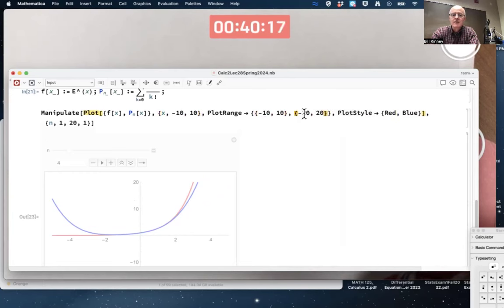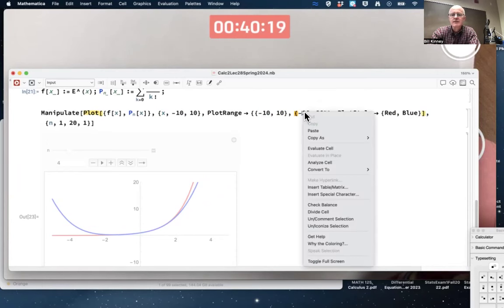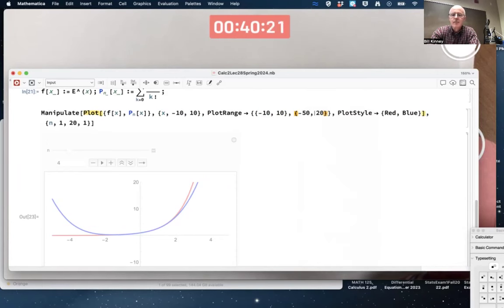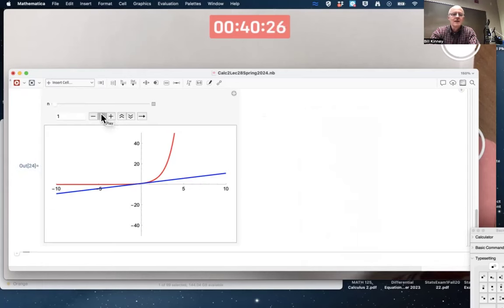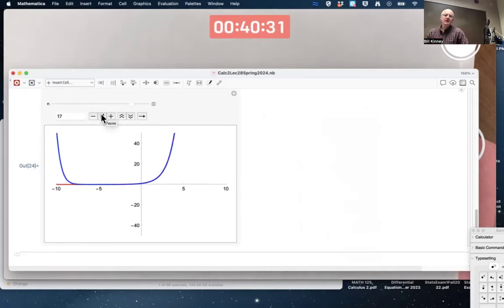And maybe let's do -50 to +50 here. The dog is wagging its tail, giving you better and better approximations over bigger and bigger intervals as n gets larger and larger.